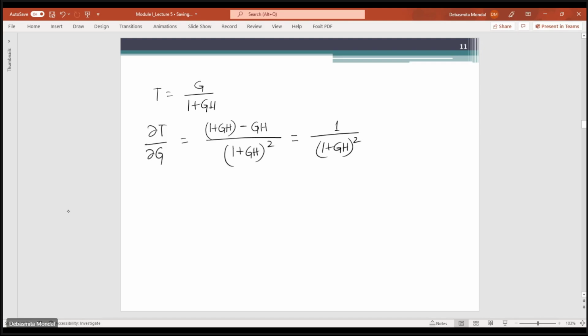G by 1 plus GH is in fraction form, so the derivative will have the denominator whole square, and in the numerator the denominator term multiplied by the differentiation of the numerator, which is 1 because del G by del G is 1, minus the numerator G multiplied by the differentiation of the denominator, which is H.